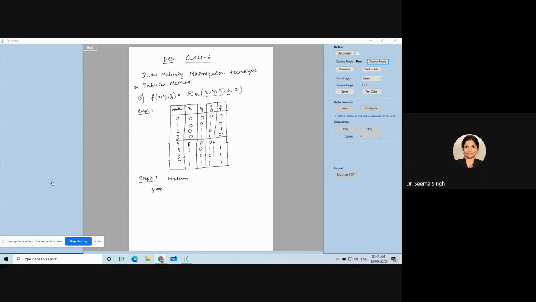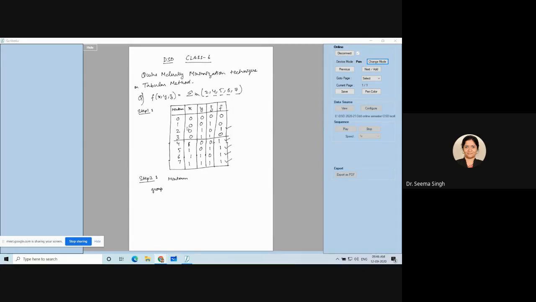I need to search for the minterm which has only one 1 in the binary expression. So I need to see only the numbers for which the function is 1, that is 2, 4, 5, 6 and 7 only.